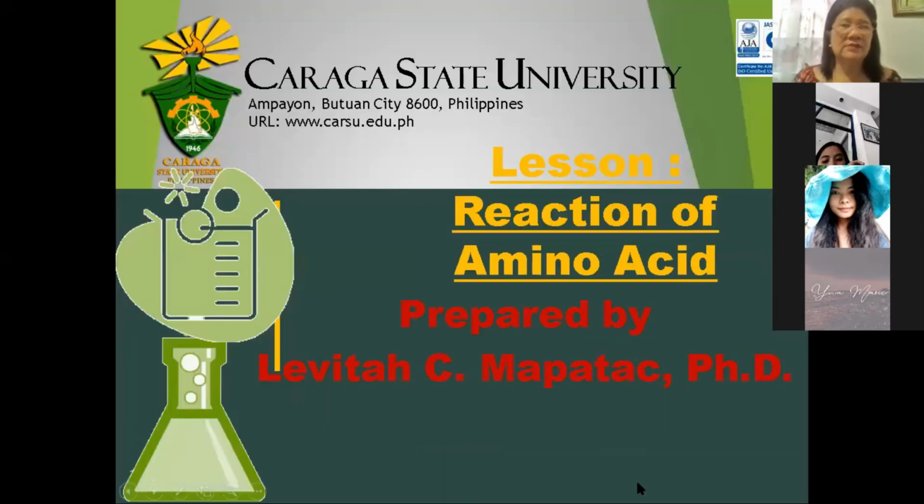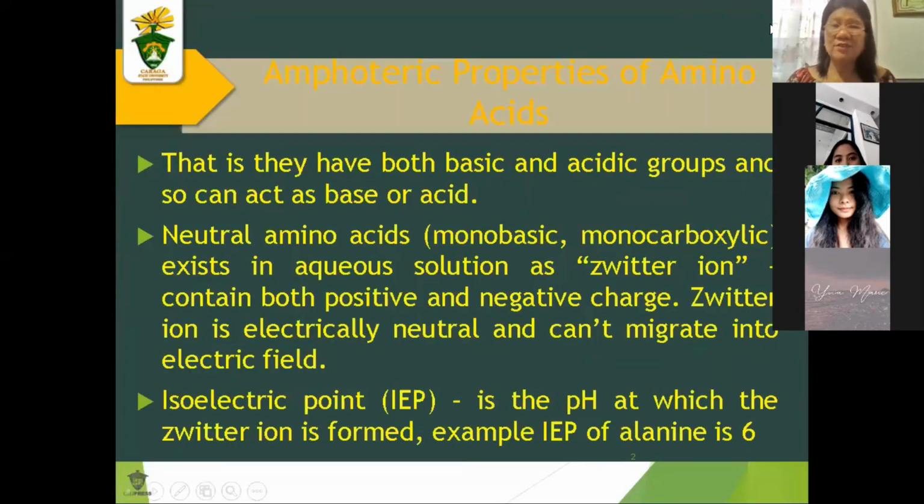Okay. So, here we are going to study. The first slides are about amino acid and its structure. In that slide, we introduced the different amino acids and their structures. Here is what will be the reaction of amino acid. Amino acid could be amphoteric.